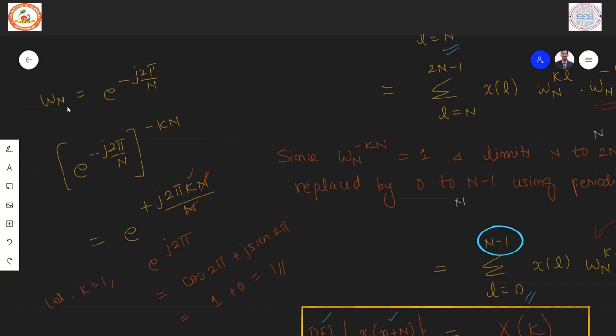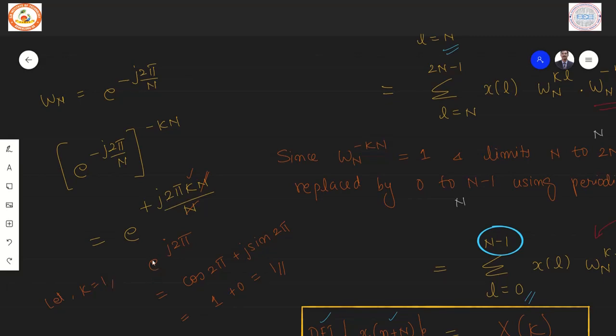We are aware that W_N is e power of minus j2 pi by N. We are interested in calculating W_N to the power of minus kN. Therefore, I will take the value of W_N and put the power minus kN. We observe that N and N cancel and minus minus makes it plus. The k value is an integer, so we are talking about integer multiples of 2 pi. As an example, let's consider k value is 1 for simplicity.